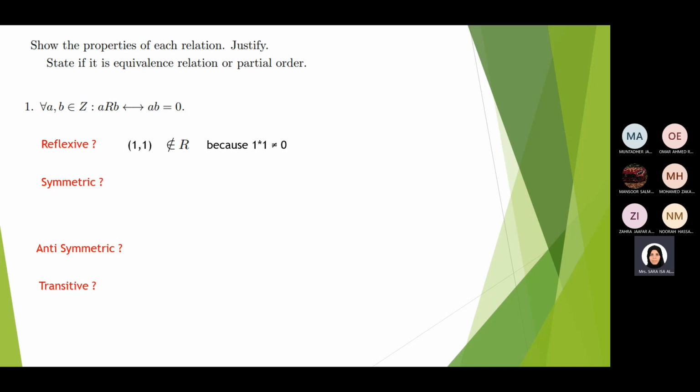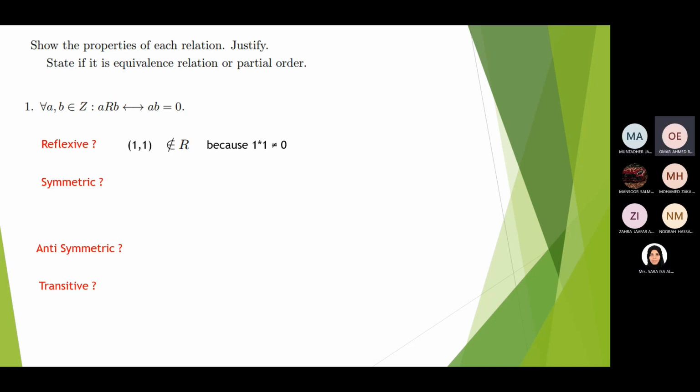Now, symmetric or not? What do you think? I think yes. If A is related to B, can I conclude that B is related to A? That is, A times B equals 0. Can I conclude that B times A equals 0 also? Yes.